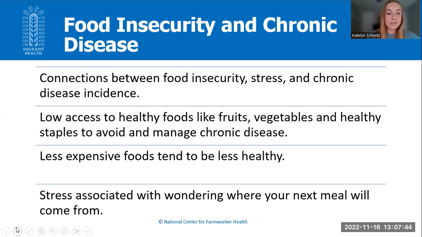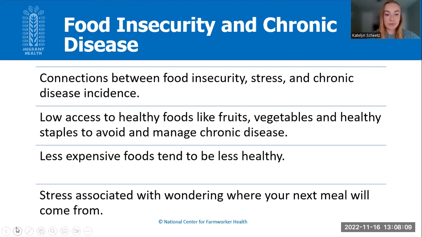So we see connections between food insecurity, stress, and chronic disease incidence. A couple reasons for this is when folks have low access to healthy foods like fruits, vegetables, and healthy staples, it can be more difficult to manage chronic disease, right? We need folks to have access to those foods in order to manage their illnesses.